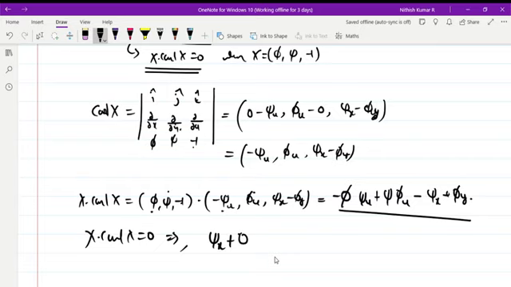So this differential equation is integrable if and only if X dot curl X equal to 0. That means this expression equal to 0.